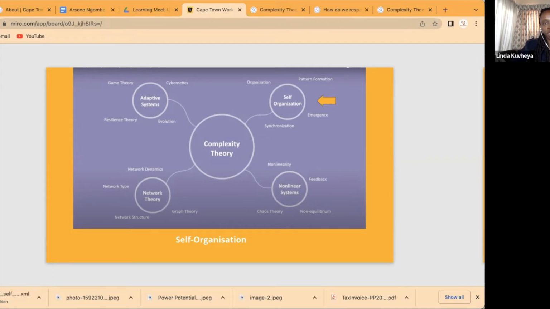Well, on self-organization, when I was reading the guide, one of the examples that came to my mind was protest. You know how protests happen. Initially there's an individual, or a few individuals who have an idea, and then they share that idea with their peers, and they interact, and then some people come on board, and then they plan, they coordinate, and in that coordination, they attract even more people, and then in the end, you have a protest.